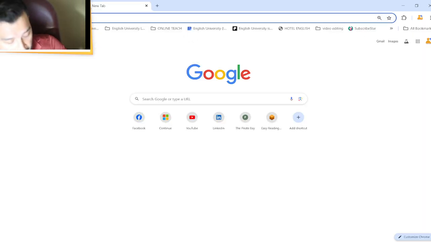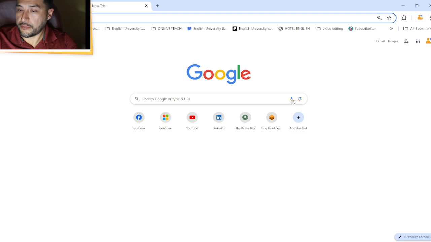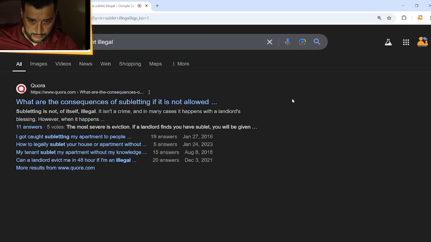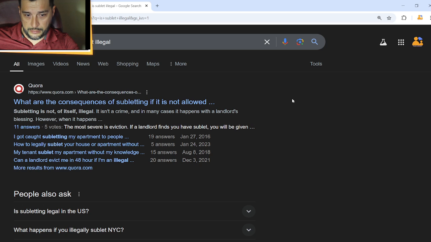Let's see. Is sublet illegal? It's not a crime. Many happens with the landlord's blessing. Or eviction.